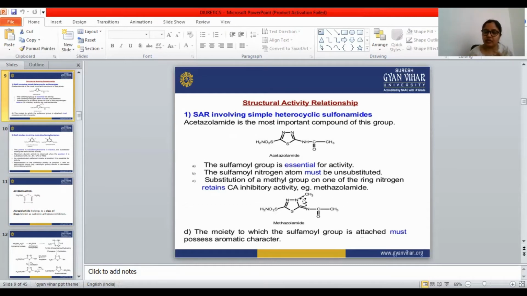Again, this comes under the family of heterocyclic sulfonamide carbonic anhydrase inhibitors. And the moiety to which the sulfamyl group is attached must possess aromatic character. So this is the SAR of the heterocyclic sulfonamides.